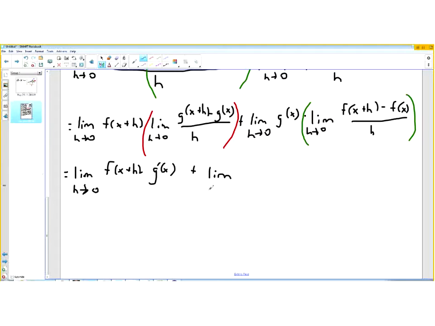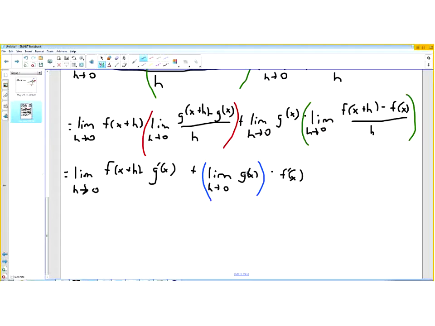So this would be the limit as h approaches 0 of g of x times f prime of x. Now consider this factor right here. Note that we're taking the limit with respect to h, and g of x is not a function of h.